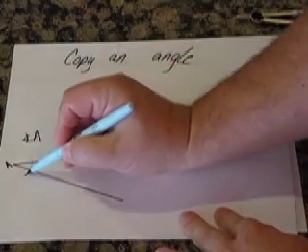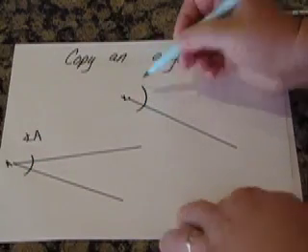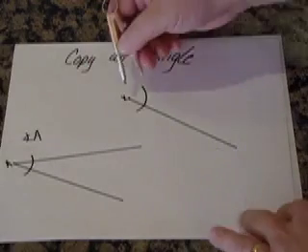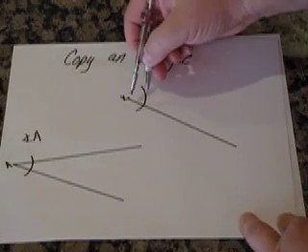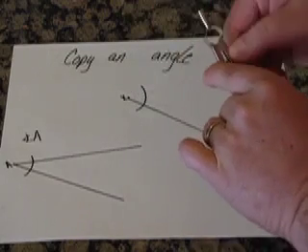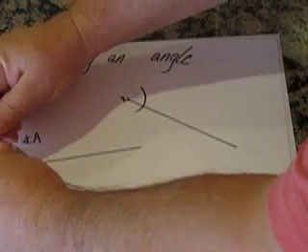Well, the mark I just made looks like this in both directions. Now I know that I have equal distances, but what I don't know is how far out I have to be. So I measure this distance with my compass.